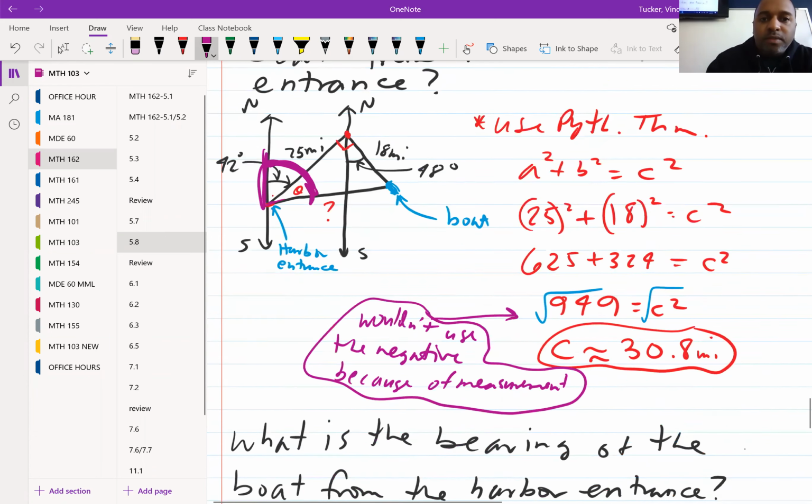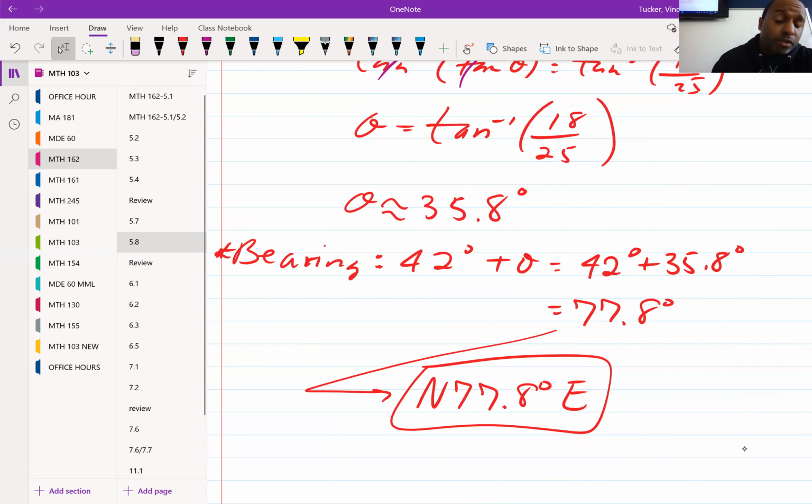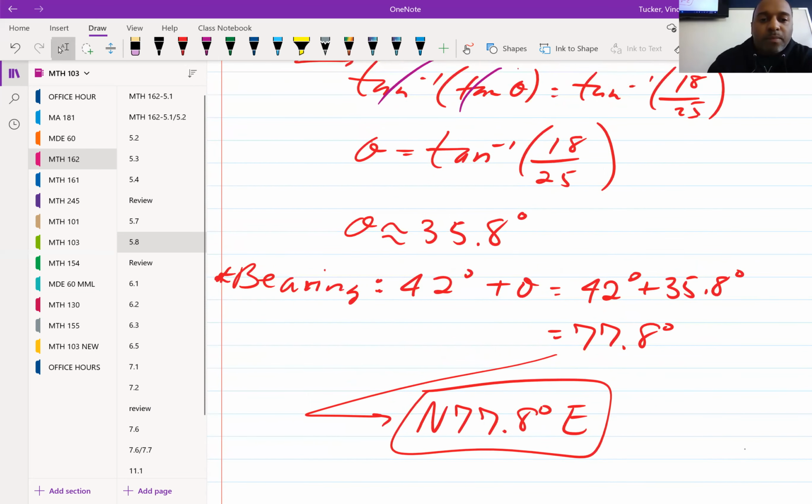Forgot that last piece of the problem. So you add that 42 degrees that we already had, plus the theta we just found, and it is 77.8. And so that's 77.8 degrees northeast, or north 77.8 degrees east.